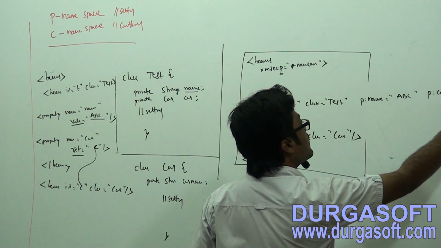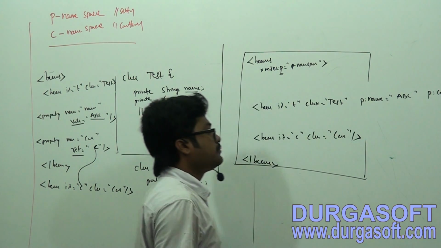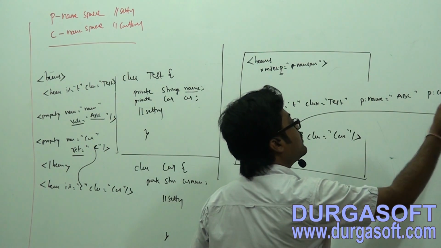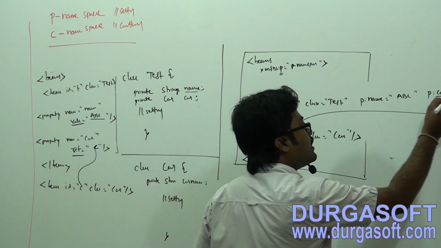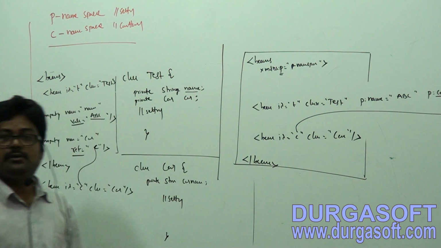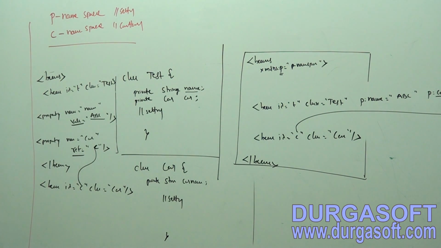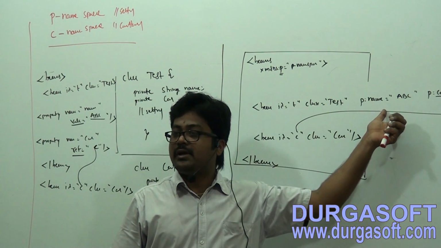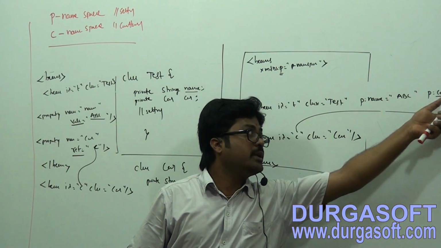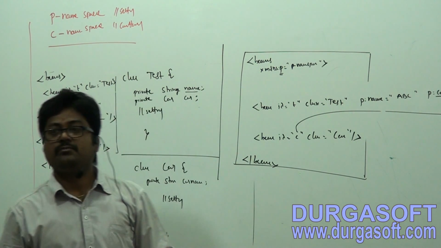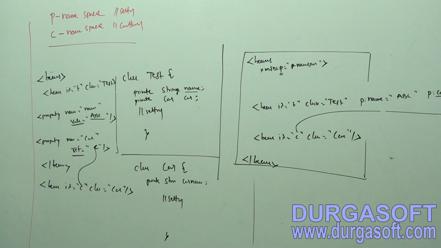You can pass that car reference here. To pass a secondary object you have to use the secondary attribute name as well as hyphen ref. For primitive type, you just call only the property name. For secondary type, you have to call property name, hyphen, ref.